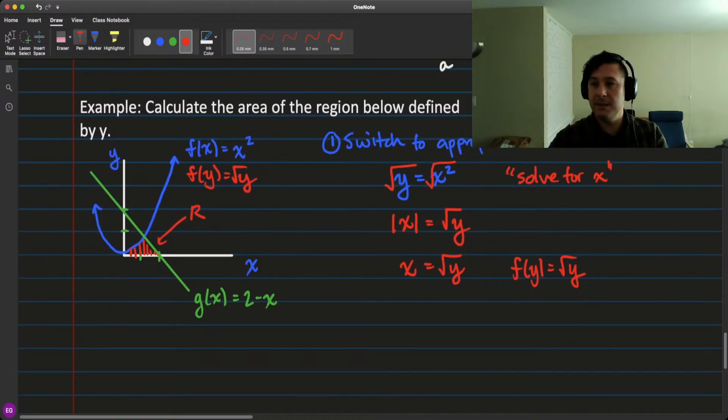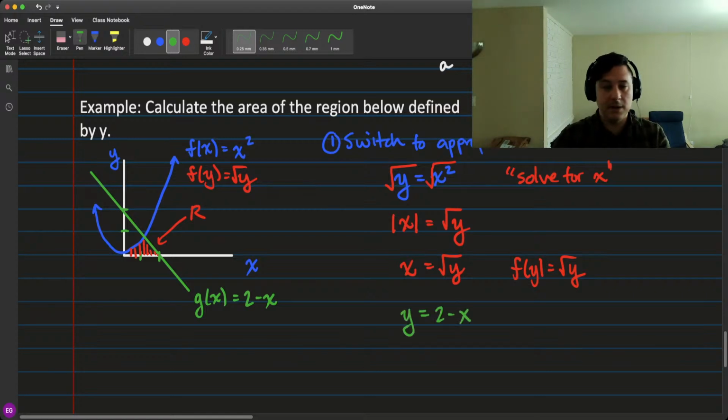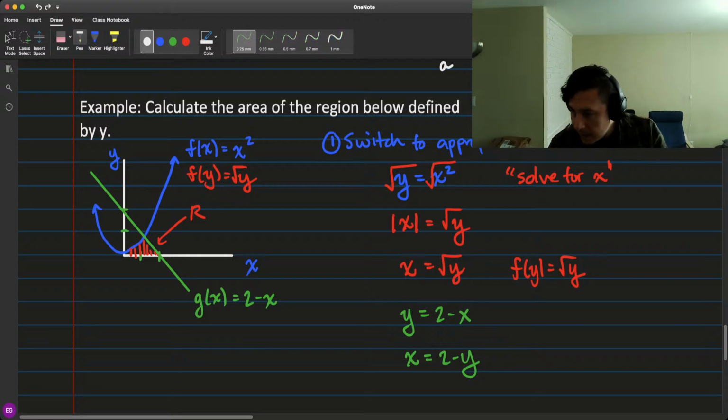Okay, now you have to do the same thing for the other function, y equals 2 minus x. So you solve for x: add x to both sides, subtract y from both sides, and now we get that g of y equals 2 minus y.